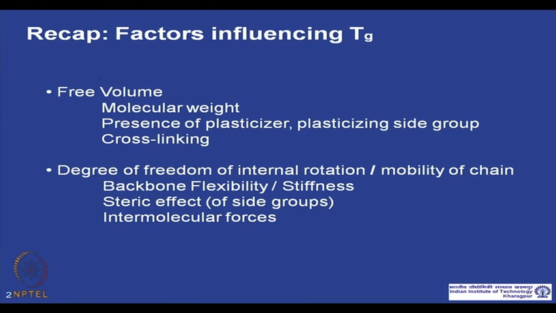So mobility goes up, and hence it affects the glass transition temperature, and we will also see that it affects the melting point.